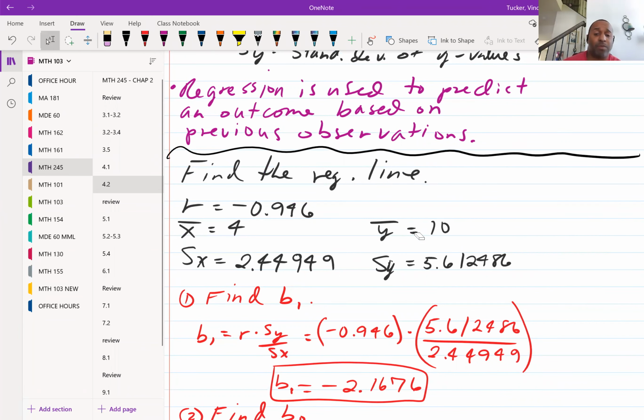That's R times S sub Y over S sub X. So you take the numbers they gave you for each one, plug them in properly: negative 0.946 times 5.612486 divided by 2.44949. And we end up getting negative 2.1676. Once again, if MATLAB asks for those numbers specifically, make sure you pay attention to how many decimal values they want.